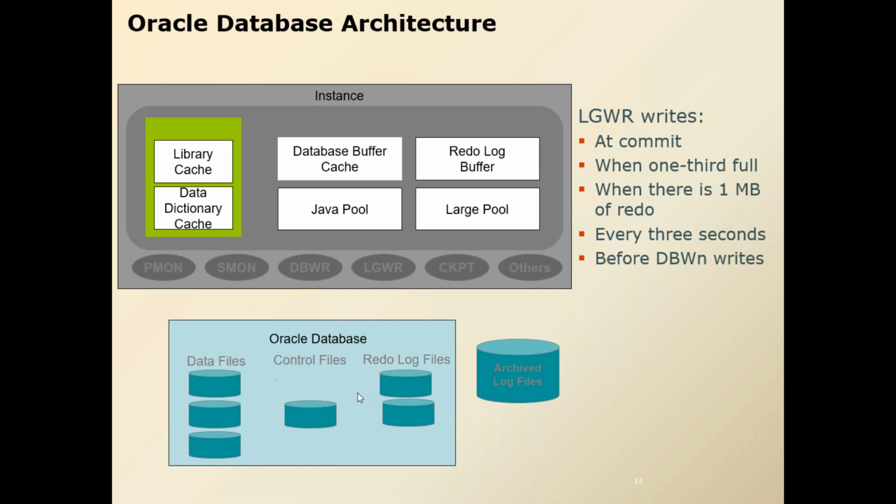So for GoldenGate, the ultimate source for data is the redo log files or archive log files, because all the changes are recorded into these redo log files or the backup of redo log files, which are archive log files. So whenever GoldenGate captures the data, it captures the changes by reading these redo log files and or archive.